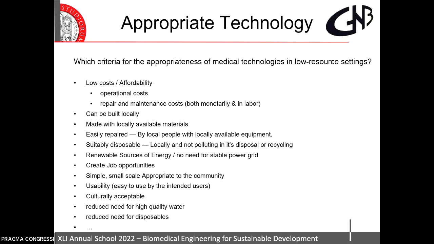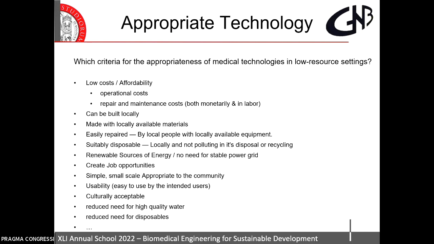To be appropriate technology in a low resource setting, it has to be affordable, and this should include both the cost of production and also operational costs, repair and maintenance costs, both monetarily and in labor. It should be built locally, made with locally available materials, and easily repaired by local people with locally available equipment and skills.